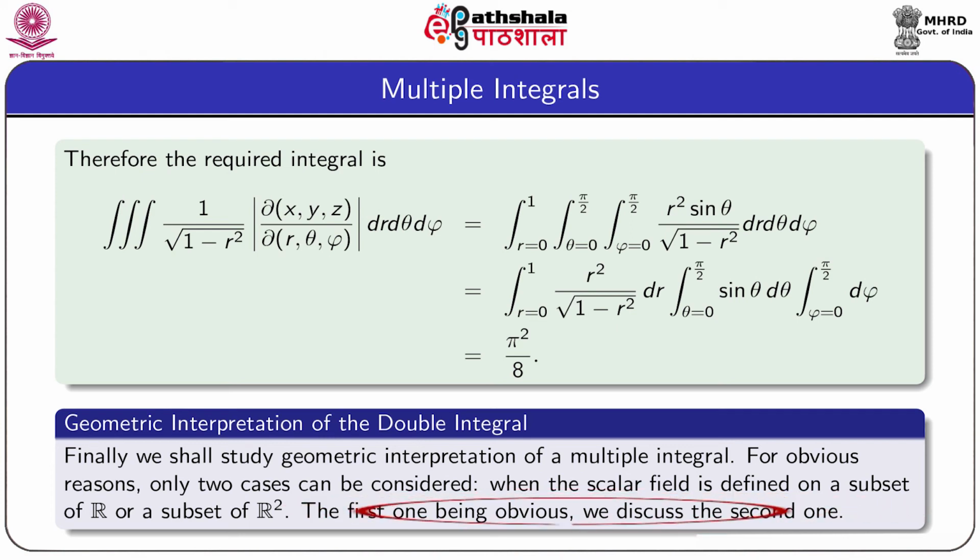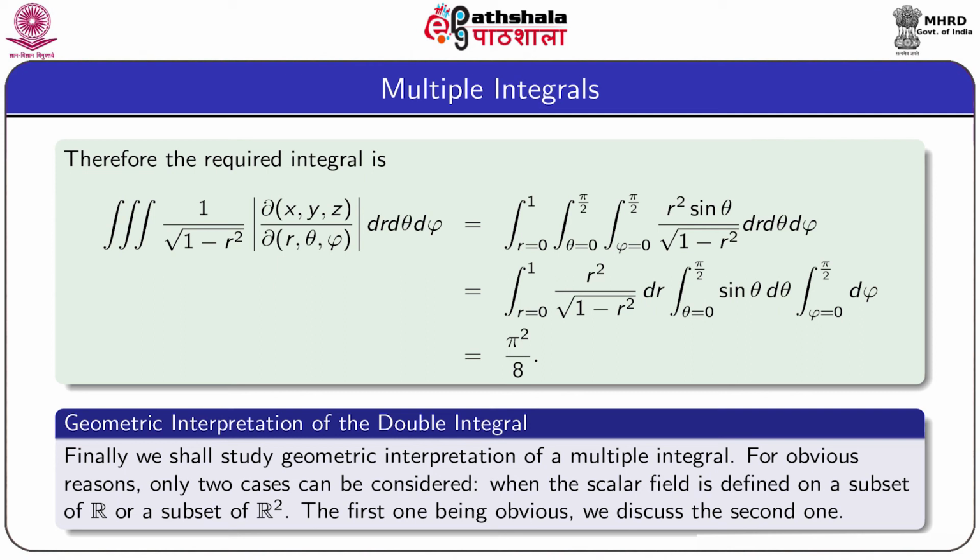The first one being obvious, whenever we consider the Riemann integral, the geometric interpretation is to find the signed area bounded by the graph of the function, the horizontal lines and the positive x-axis.